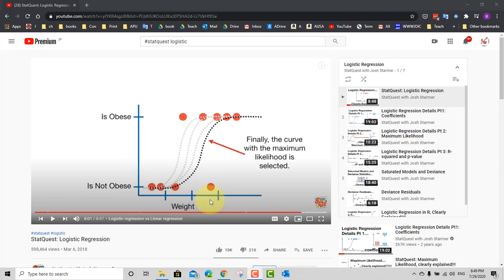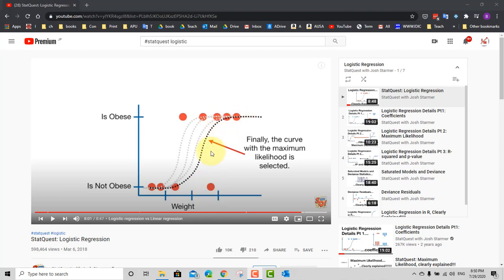The model may predict that it is obese, and we've seen that many times when we look at the confusion matrix. We've seen many times where the model makes the wrong prediction. But in reality, it's not obese.